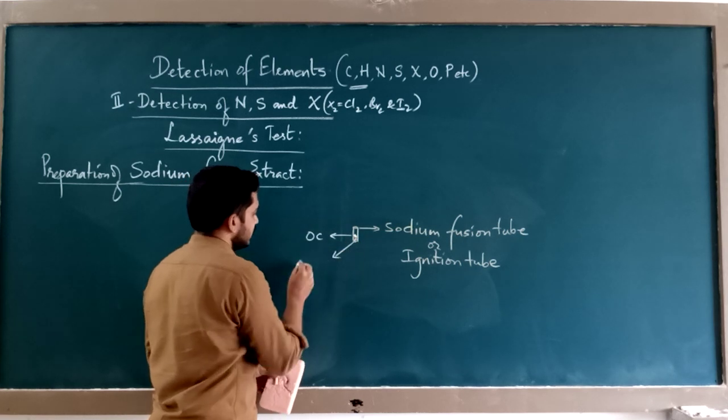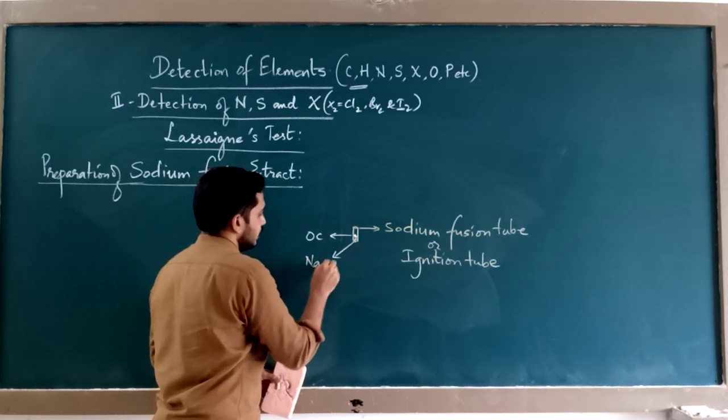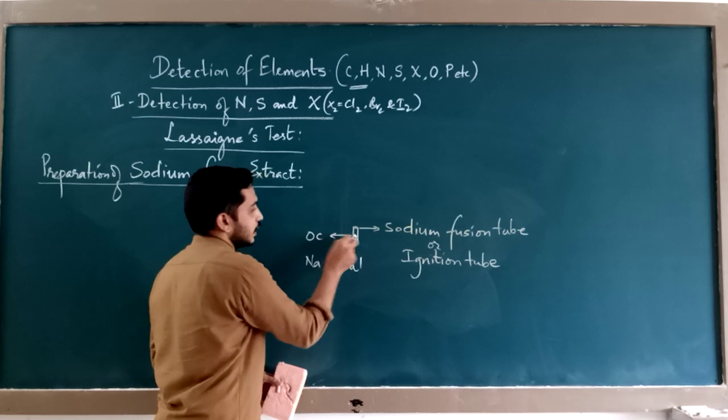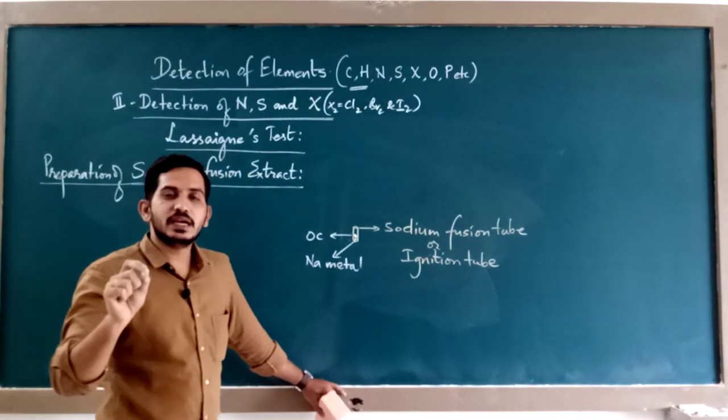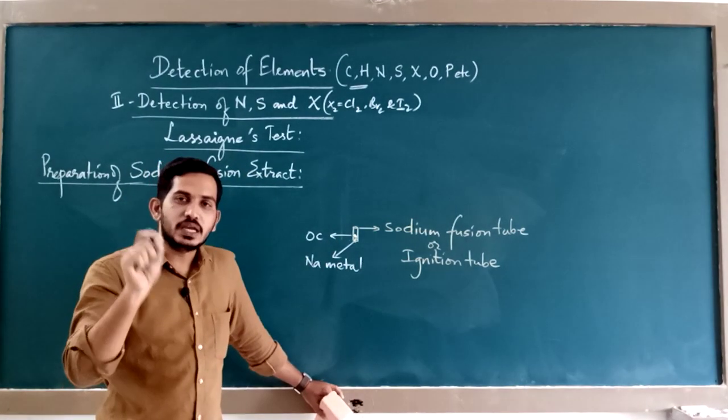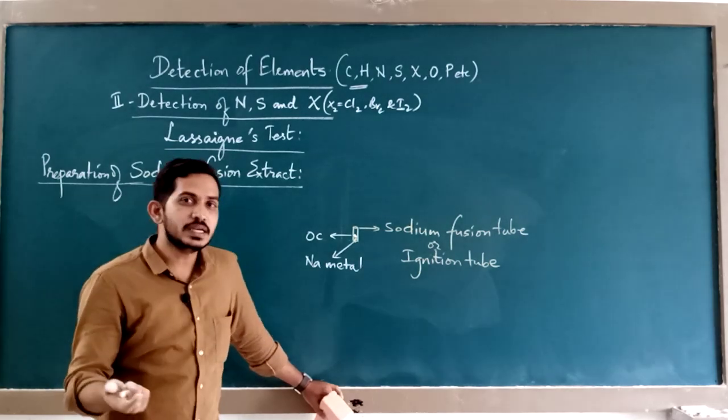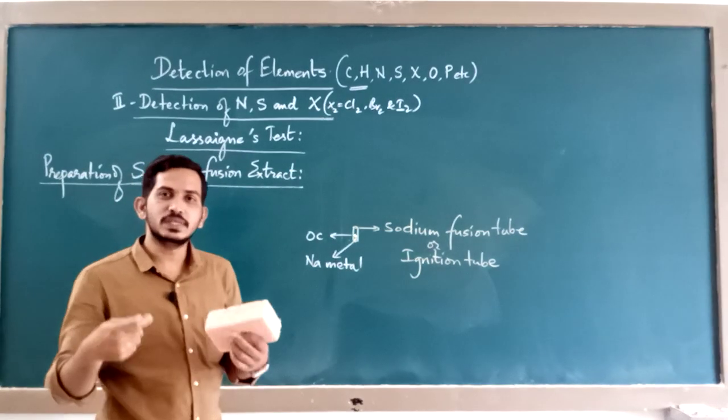I will label them: this is sodium metal and this is our organic compound. The organic compound is added to the sodium fusion tube or ignition tube and it is again heated.